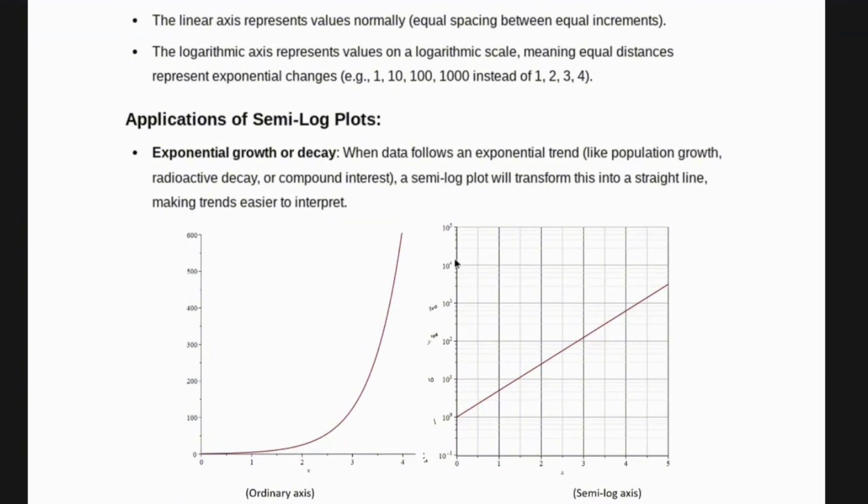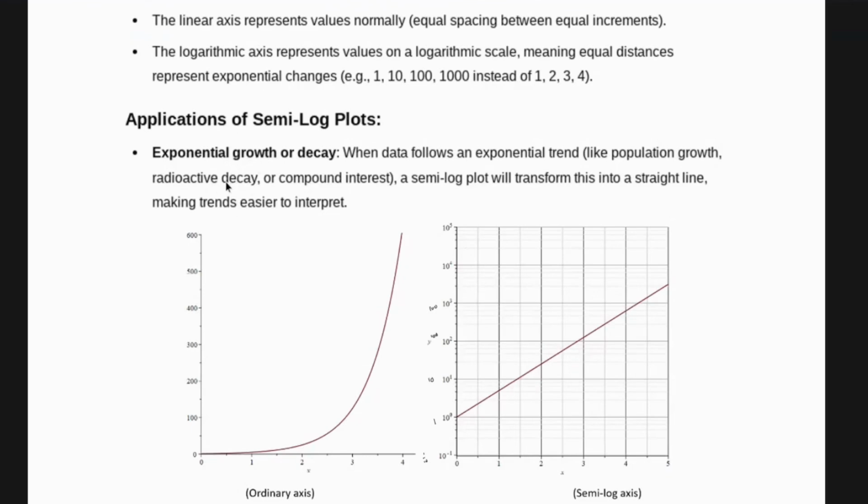The logarithmic axis represents values on a logarithmic scale, meaning equal distances represent exponential changes. So this is 0.1, that's 1, 10, 100, 1,000, 10,000, 100,000. They go up the same amount each time.